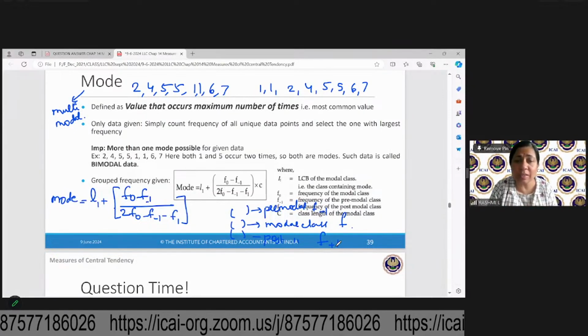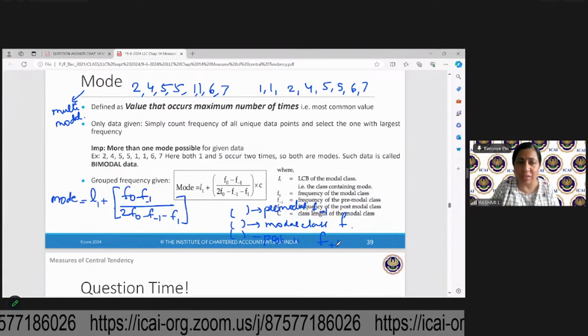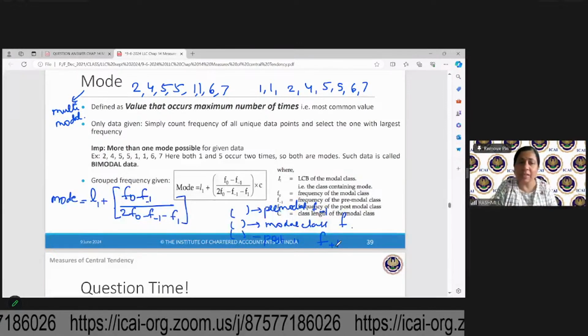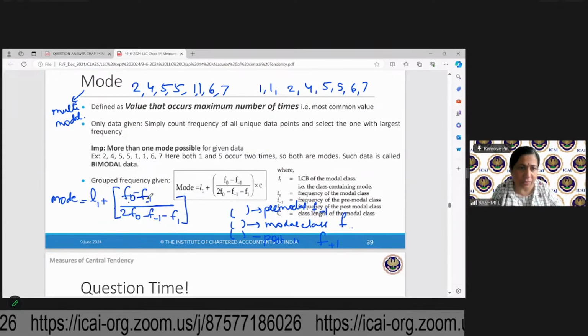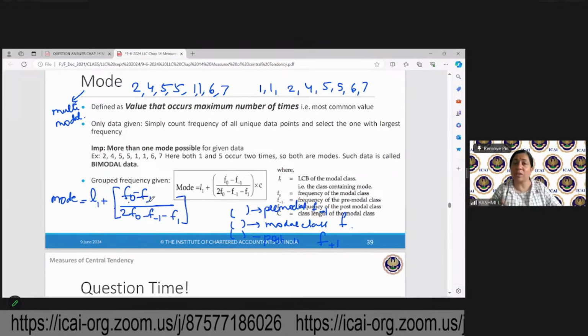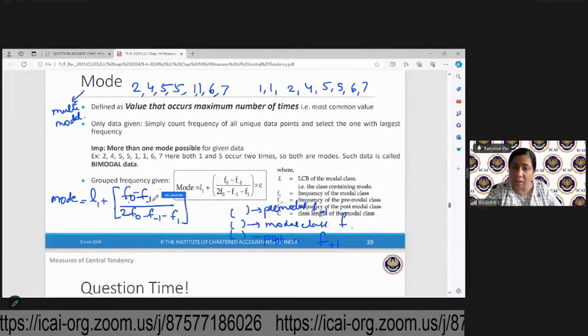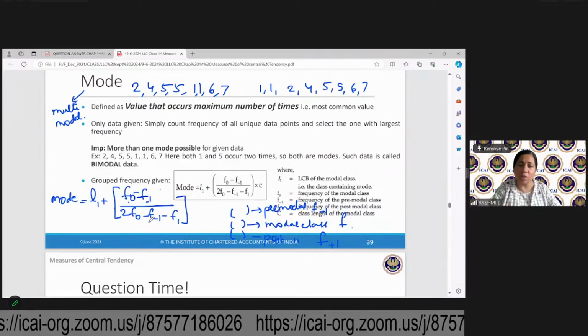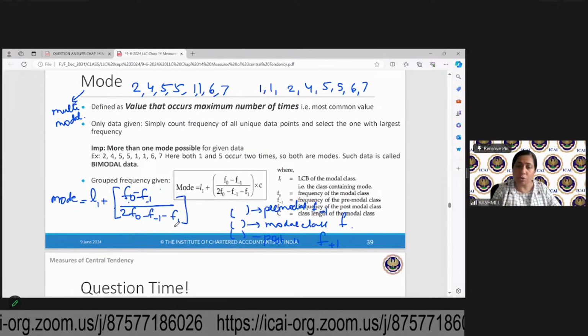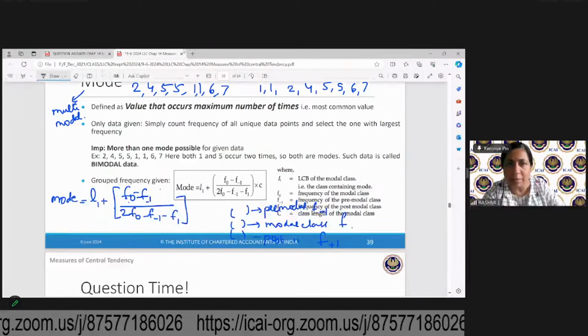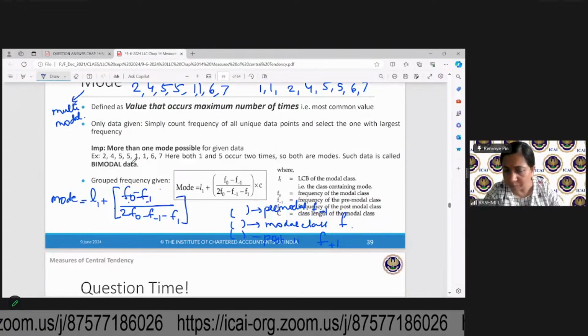And C, you know, is the class width. So you can see that here you have the frequency of the modal class F0. You have F of minus 1, that is the frequency of the pre-modal class. Then you have F1, which is the frequency of the post-modal class. Okay, so these are the formula.